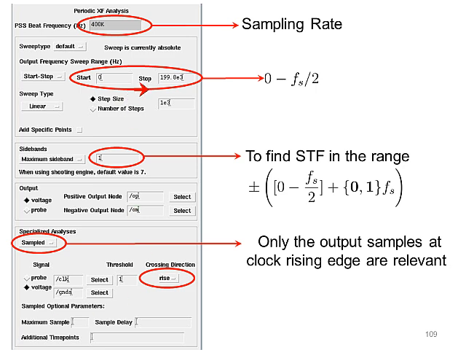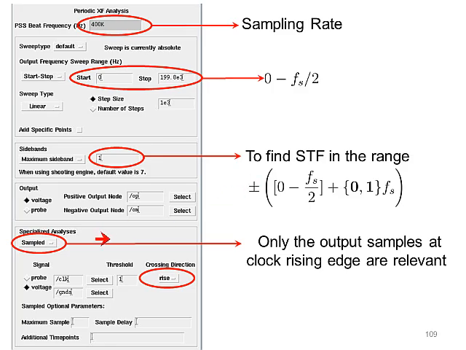I'd like to measure the signal transfer function in the range 0 to 1.5 fs, and therefore I choose the basic frequency band to be 0 to fs by 2, and I choose to get one sideband out that basically will yield the signal transfer function in the range 0 to fs by 2, which is this range, plus sidebands 0 and 1, and for both positive and negative frequencies.